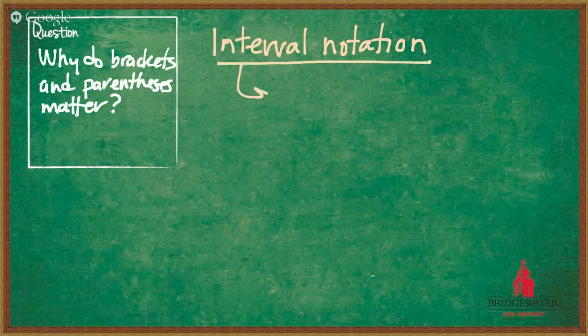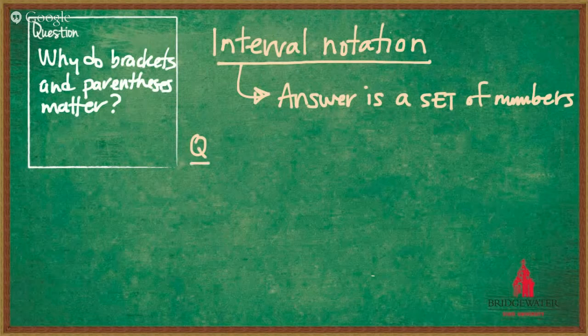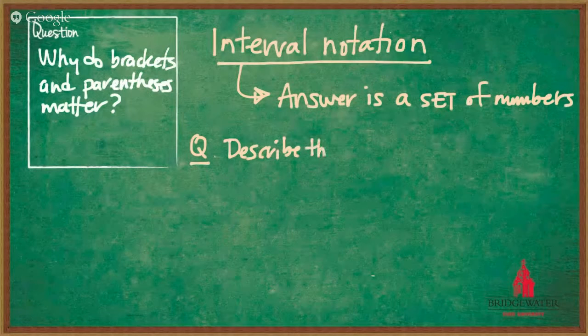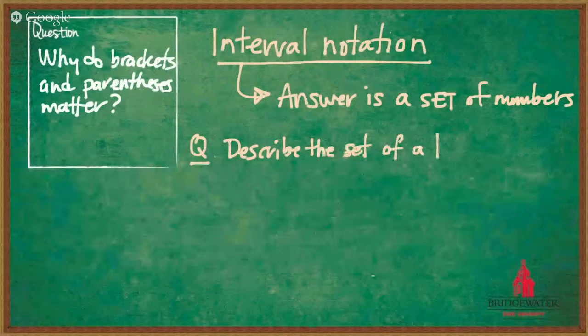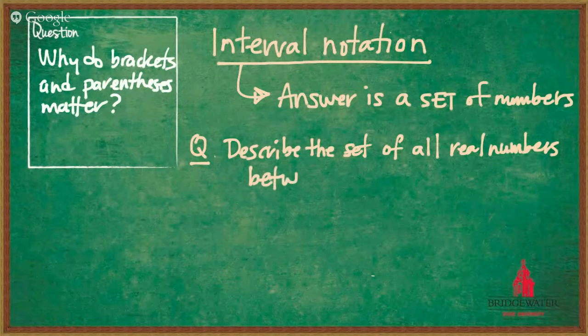Specifically, whenever we're talking about a question whose answer is not a number, but whose answer is a set of numbers. So, for instance, let's say I have a question that says to describe the set of all, let's say, real numbers, I don't know, between 2 and 5.